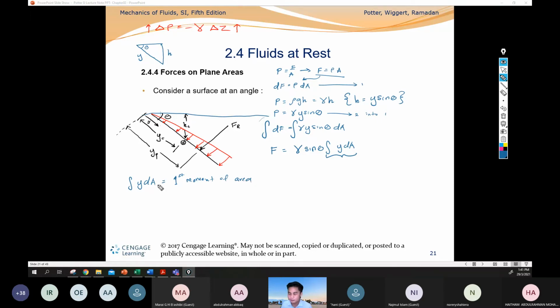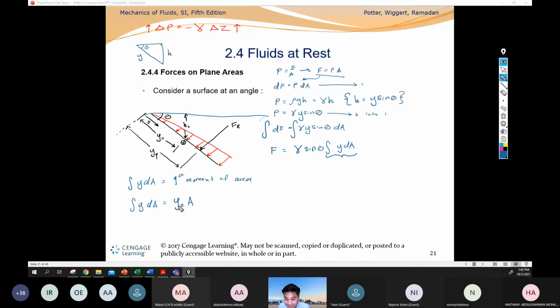All right. If you are not sure, you can look at Google or internet. Once you do the integration of y dA, it is actually the same as the first moment of area, which will lead to this solution, which is YC times area.